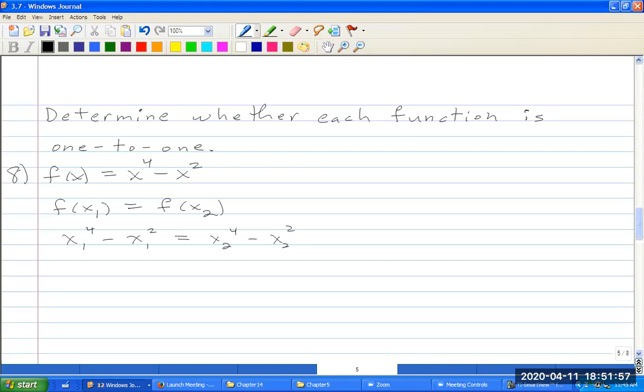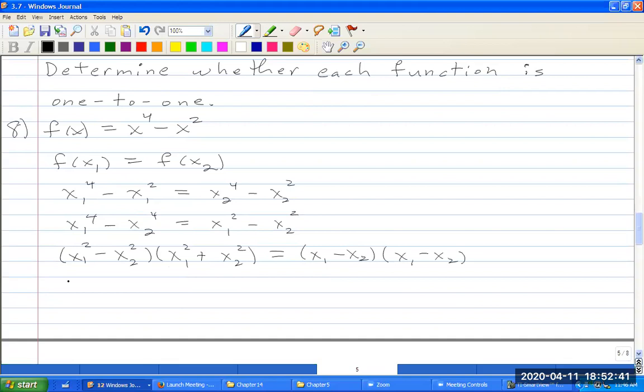And so let me bring the x2 to the other side of my equation and the x1 to the other side of my equation. Factor, difference of squares.